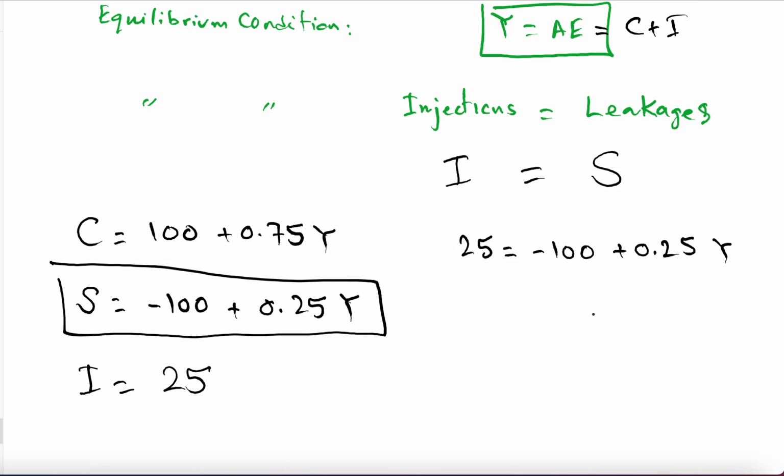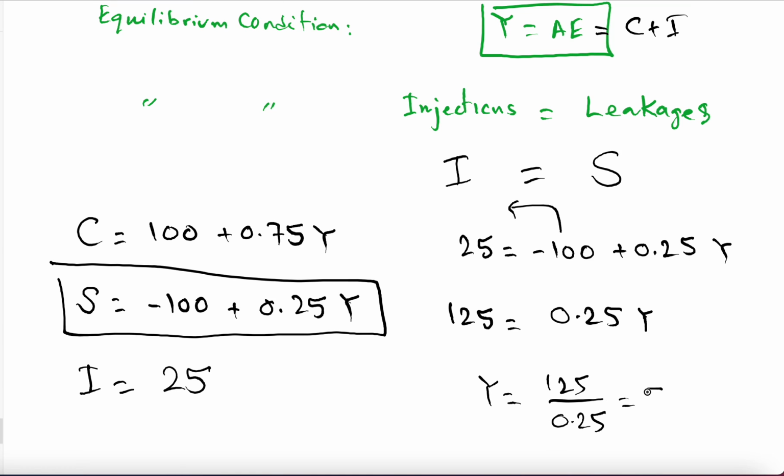Now again we can solve this. In this situation, I keep this on the left and I bring this to the left, so it becomes 125 equal 0.25 Y. Okay, so now Y is going to be 125 divided by 0.25, which is exactly 500.